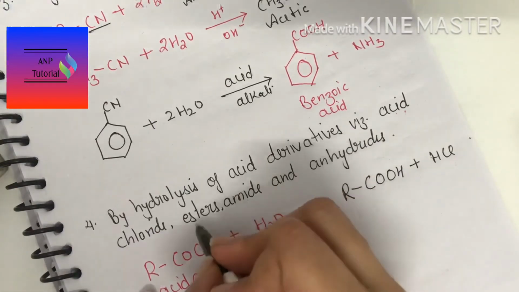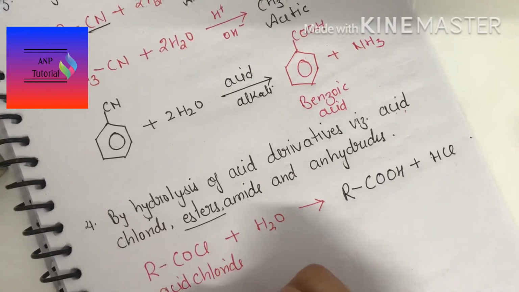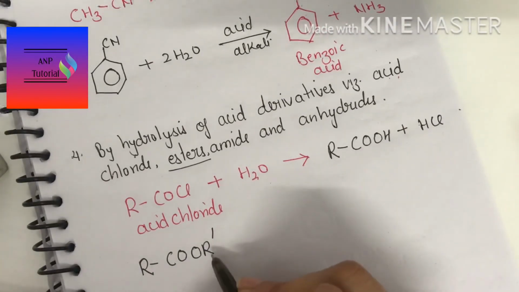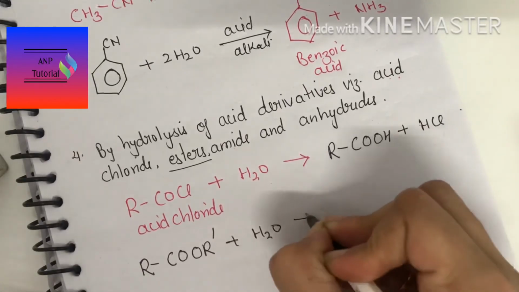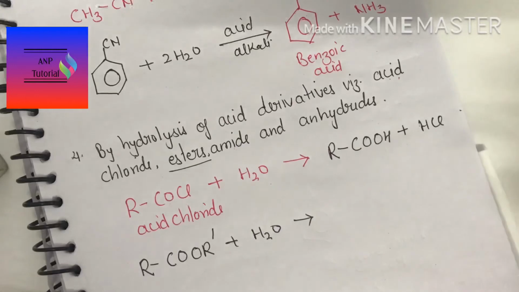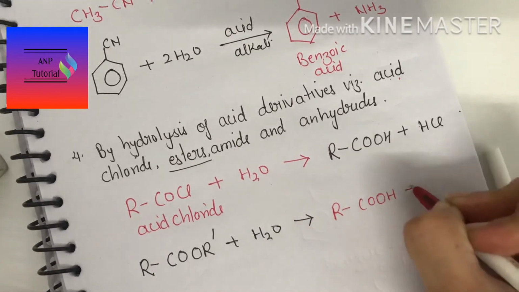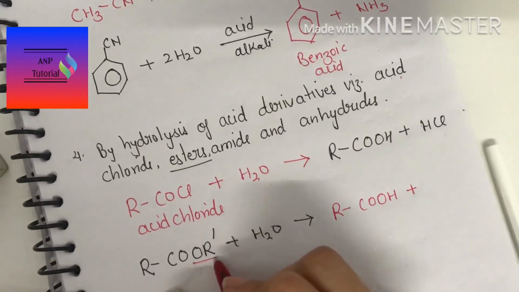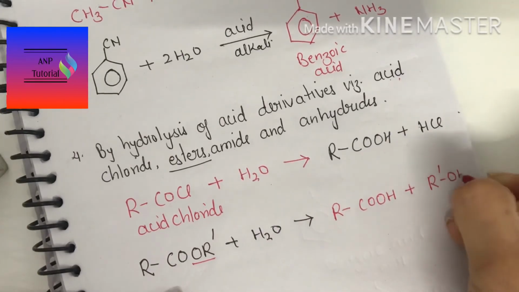Now another example is esters. Esters, as I told you earlier, have an alkyl group, CO group and OR dash group, right? RCOOR dash. Hydrolysis takes place. What will happen? Carboxylic acid is formed, RCOOH, and similarly this R dash O will form alcohol, R dash OH.